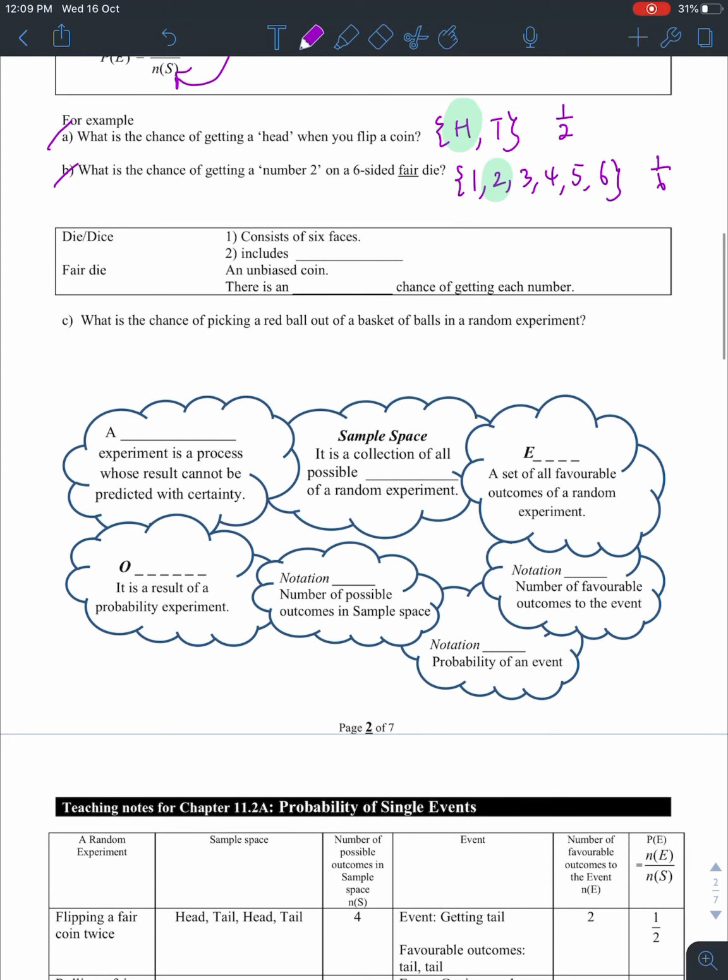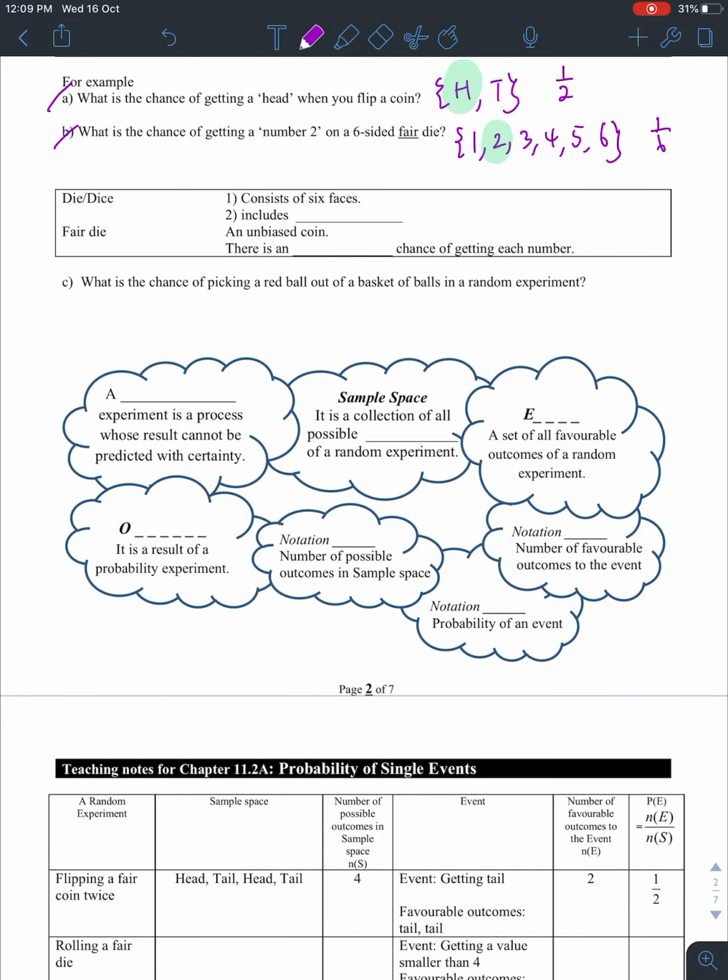A die consists of 6 faces, which include the numbers 1, 2, 3, 4, 5, and 6, and there's an equal chance of getting each number since we have a fair die.